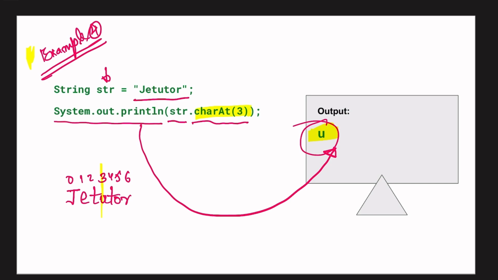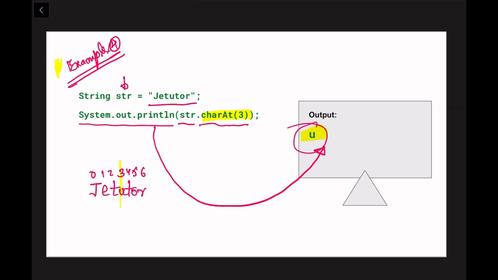And by giving the index, you are getting the character at that index. So why is it correct? You directly ask for the character at index 2 or index 3, and Java returns it. This is exactly what the question is asking. So that is why option A is correct.